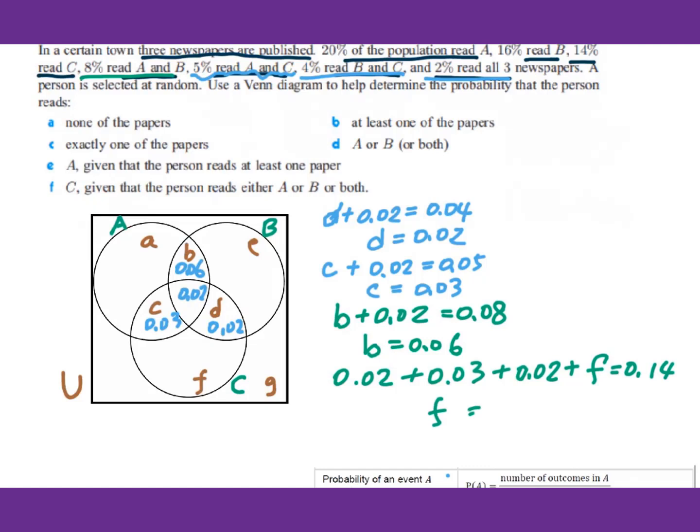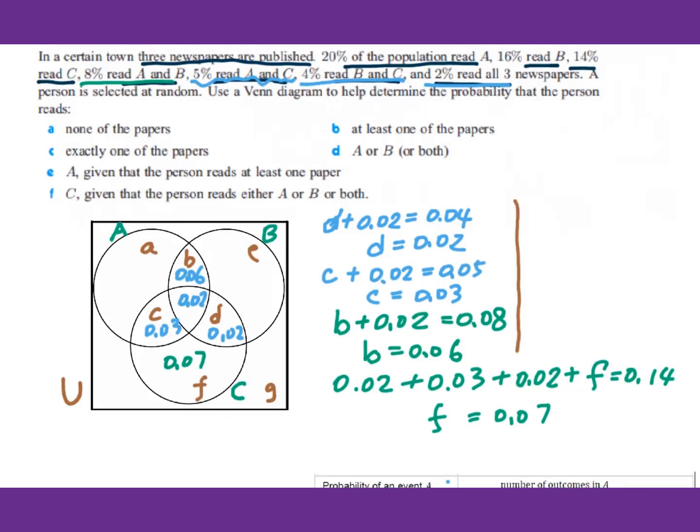So F equals 0.07. For 16% read B, we have 0.06 plus 0.02 plus 0.02 plus E equals 0.16. So E equals 0.06.